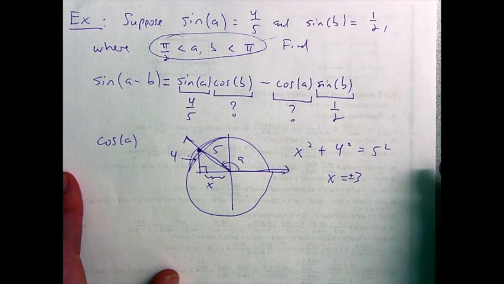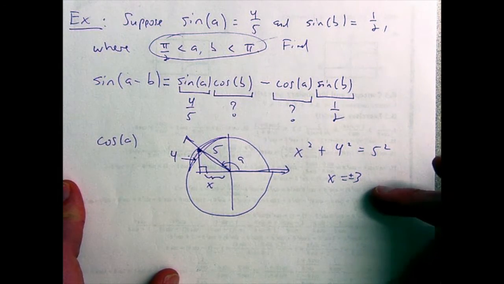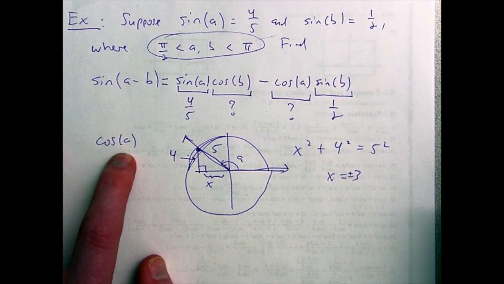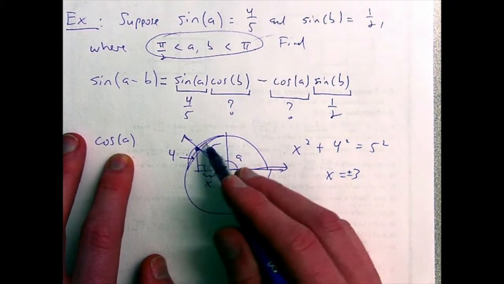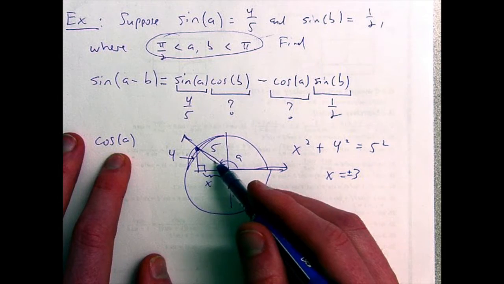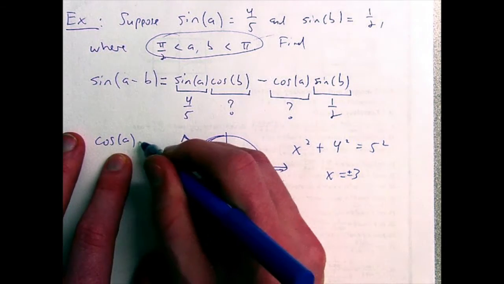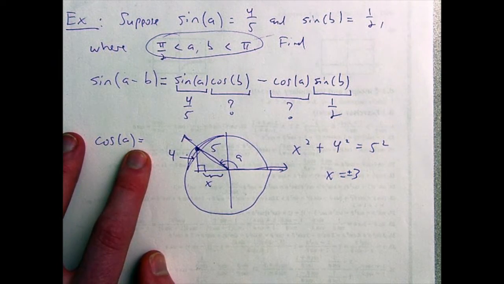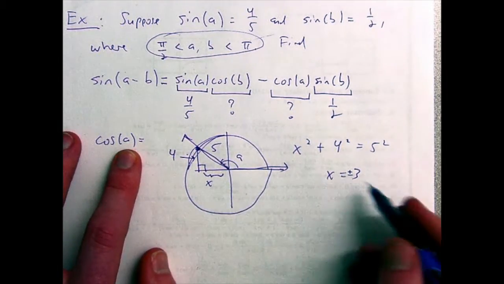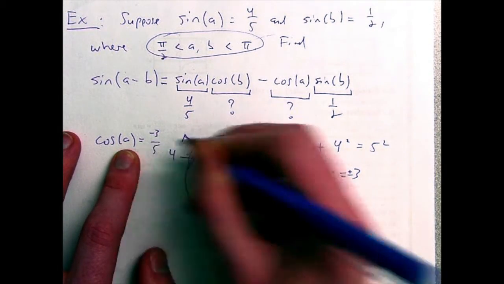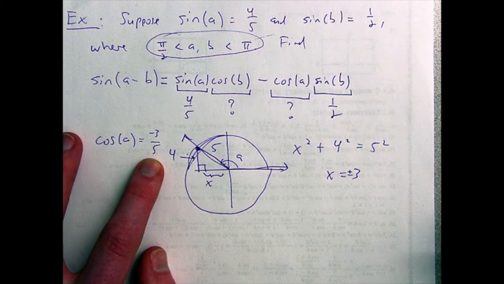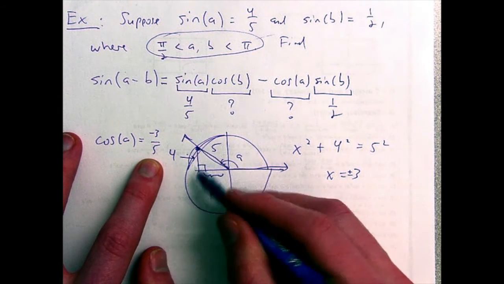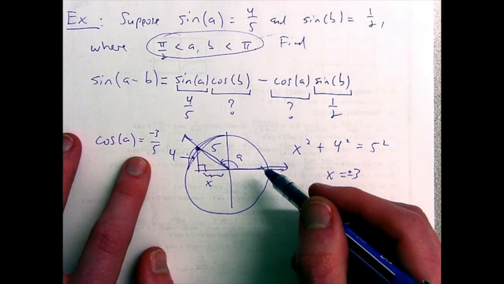Now, is it positive or negative 3? Well, because A is in this quadrant, the cosine of A must be negative, right? The cosine of A is adjacent over hypotenuse. That would be x over 5. That would be negative 3 over 5. Any way you think of it, you should recognize that the cosine must be negative in this region. So the cosine of A is negative 3/5, okay?